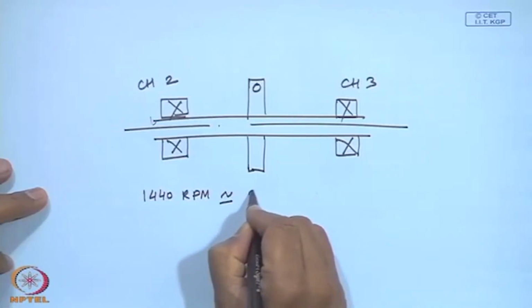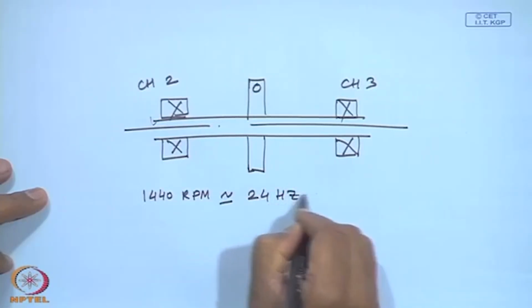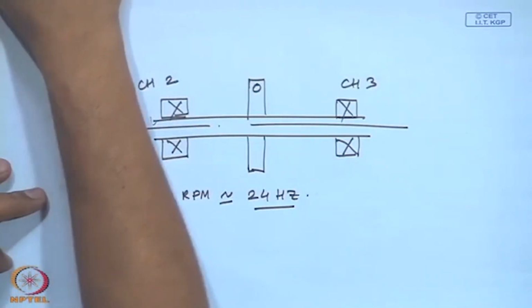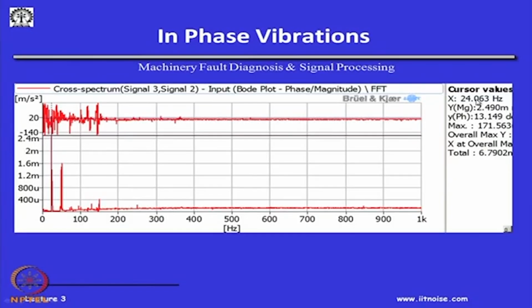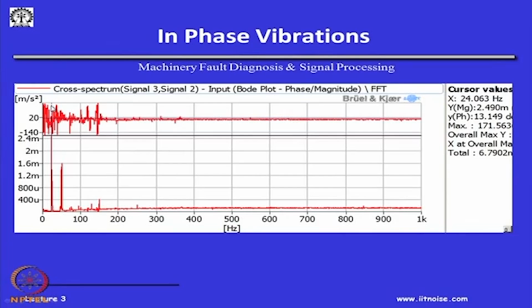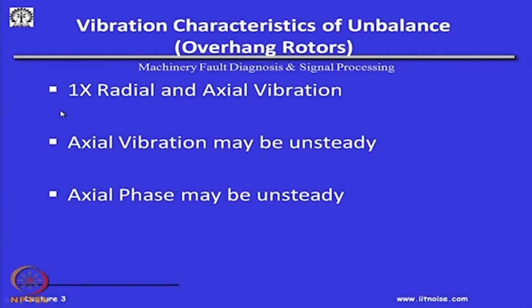This corresponds to about 24 hertz. Okay. And you can see this is about 24.063, because this is what the shaft was finally rotating at, 1440 rpm.